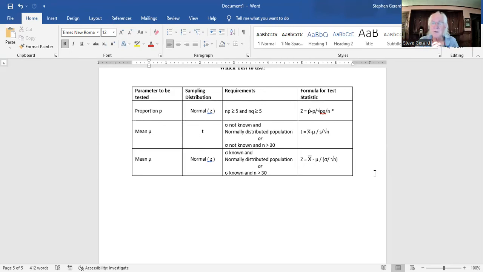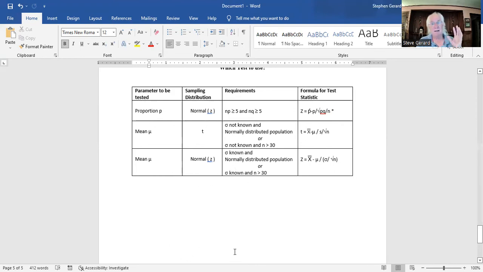So I will give you some problems. When I give you problems, one of the first questions to ask is: am I looking at a proportion or am I looking at a mean? If I'm looking at a proportion, then I'm going to use a z-test. If I'm looking at means, the next question is: do I know sigma or do I not? If I don't know sigma, then I use a t-test. If I do know sigma, then I use a z-test.